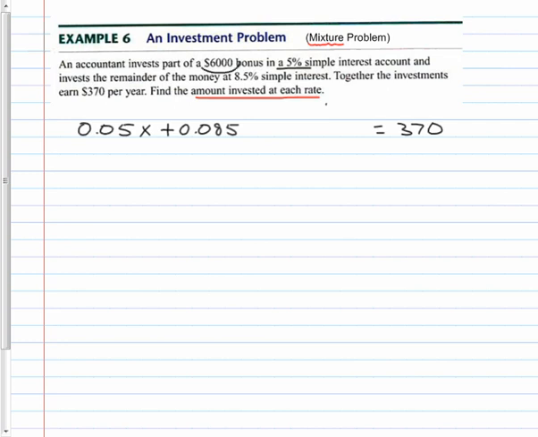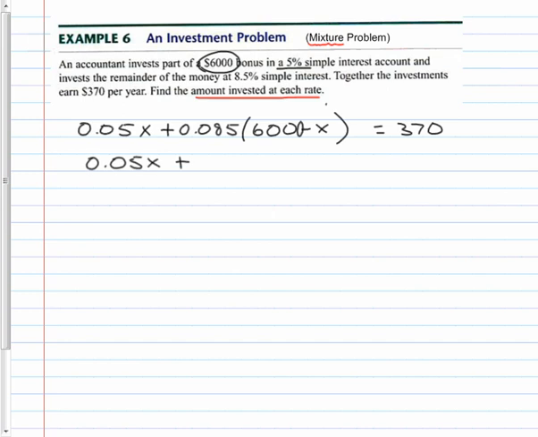Well, if I have a total of $6,000 available, and I've already used up X, how do you find what's left over? 6,000 minus X. We have a total of 6,000, and we have already used up X dollars. I don't know how much that is, but what is left over is 6,000 minus X. There's our equation, and we are going to see several other mixture problems that are set up very similar to this. You can help me with your calculator.